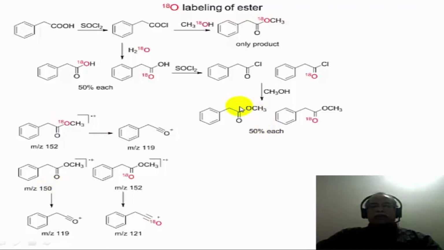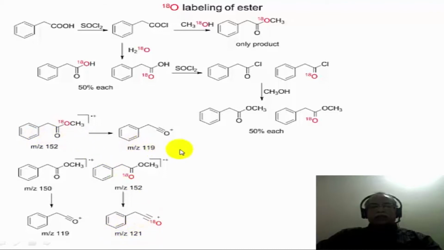On the other hand, if a mixture of these two esters is present in the system, in other words, if the reaction has proceeded in this manner and the labeling has been left in the carbonyl oxygen compound, then the fragmentation pattern will have both 119 as well as 121.